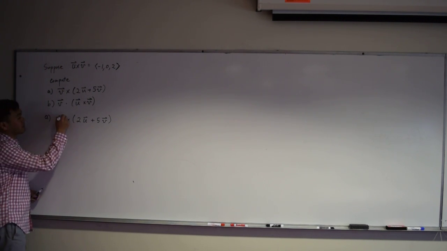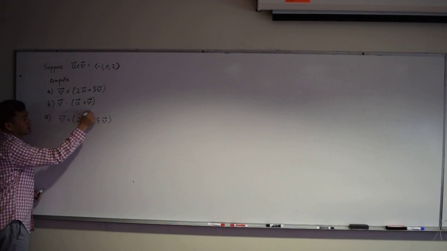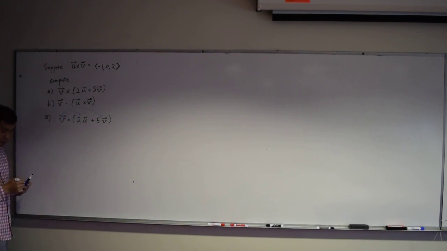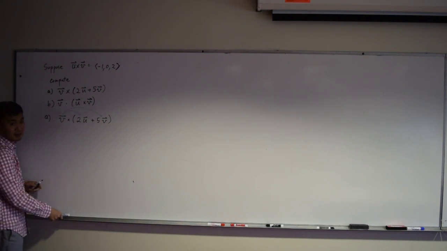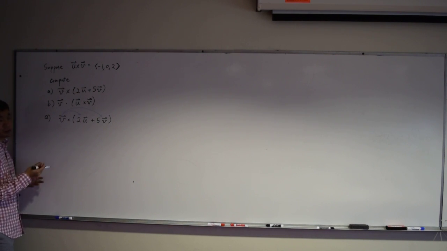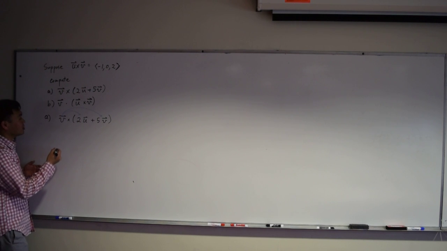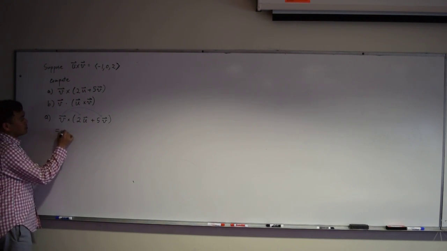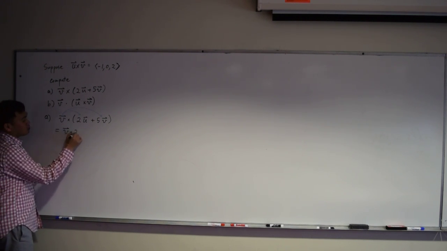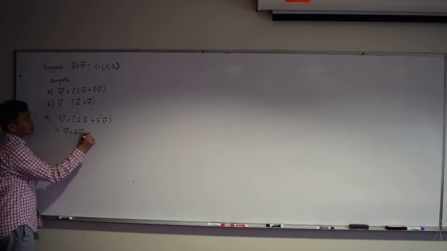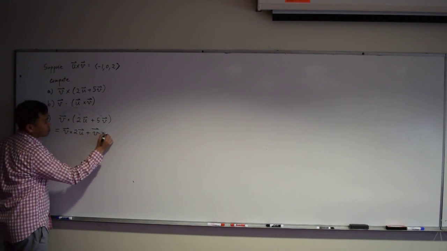You can do the distribution, right? So we know that the distributive property holds for cross products, right? So we have v cross 2u plus v cross 5v.